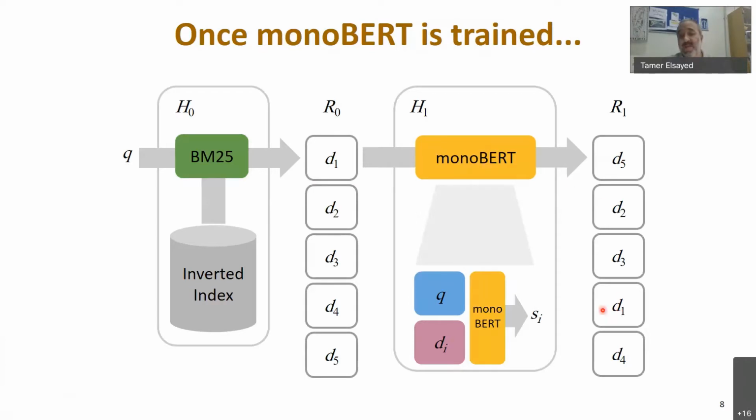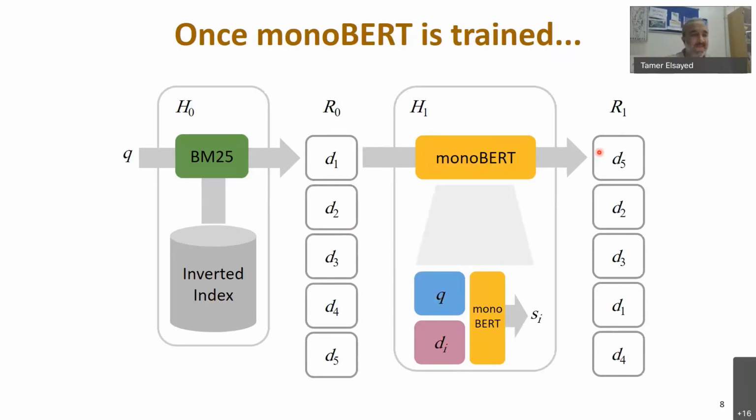Of course, in between here, we don't take the entire list. We take one by one, pair it with the query, and get a score for each one of these. From that score, we will get the final re-ranked list of documents or passages here.